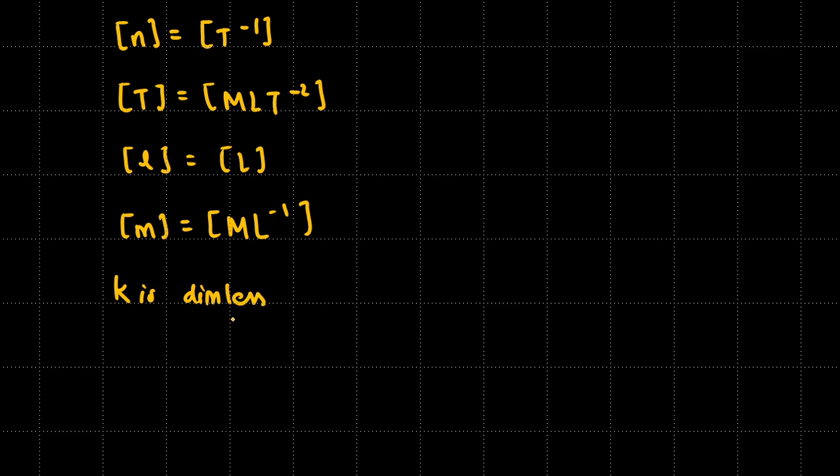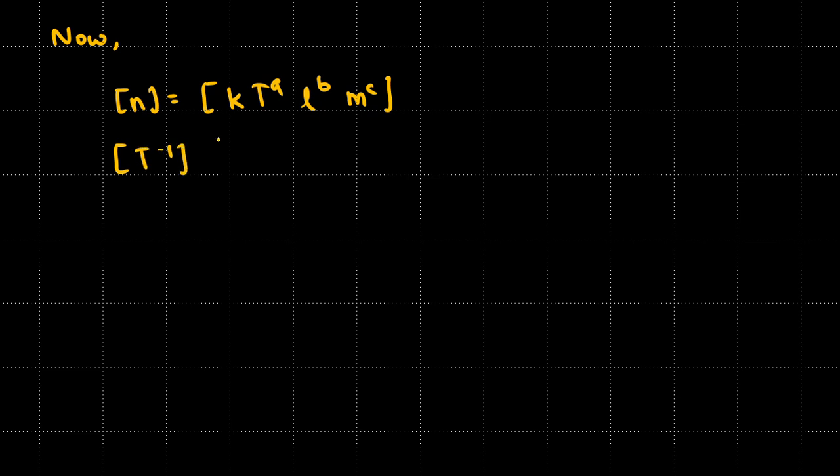So now, since the equation is correct physically, which means the dimension of RHS and LHS must be equal, the dimension of n must be equal to the dimension of K, T raised to the power of A, L raised to the power of B, and M raised to the power of C. Here the dimension of n is T inverse, whereas K is dimensionless.